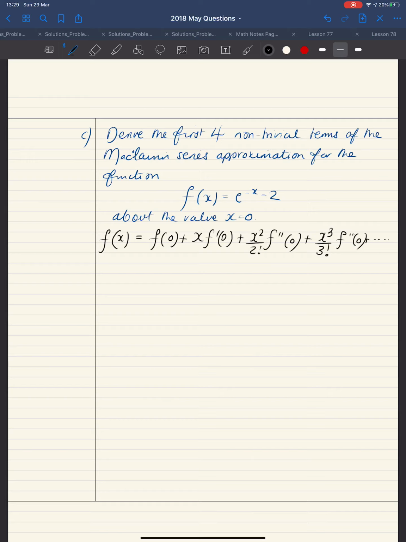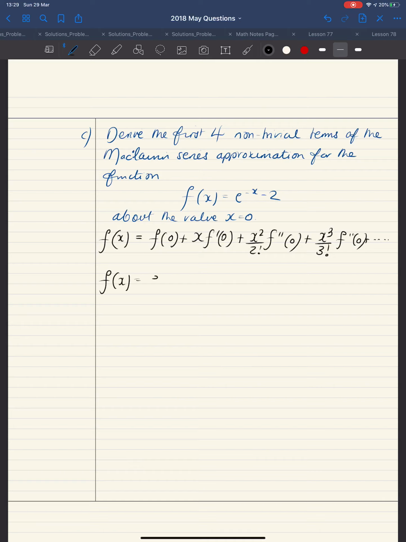Actually, e to the minus x is always positive, and when we differentiate it, we'll get plus or minus e to the minus x. So these will be the 4 terms, so we're okay.